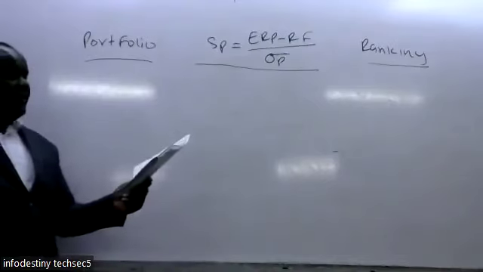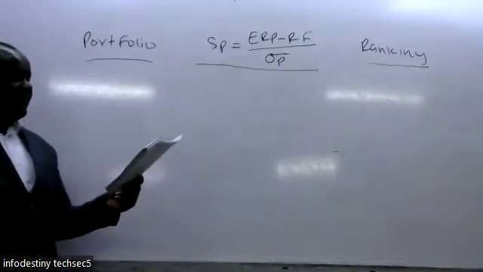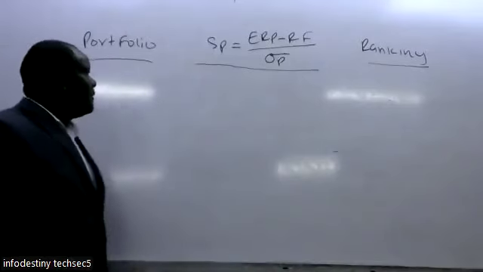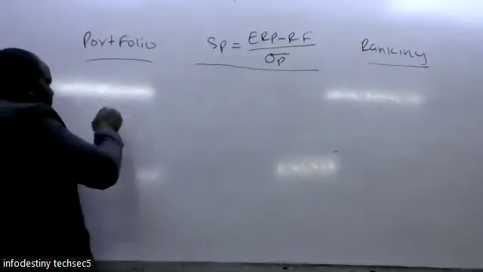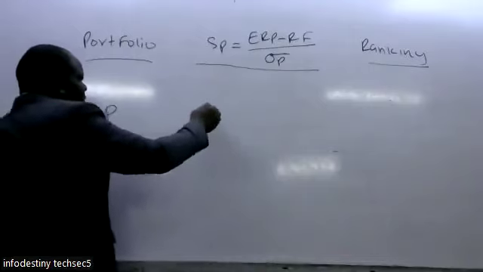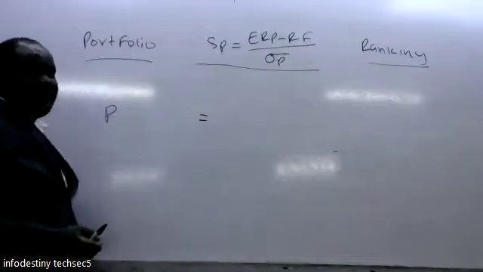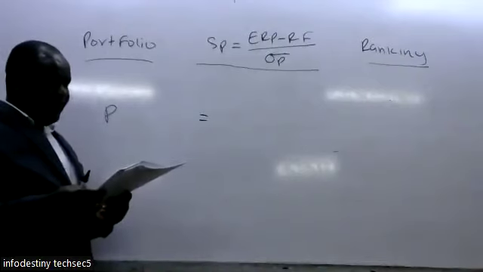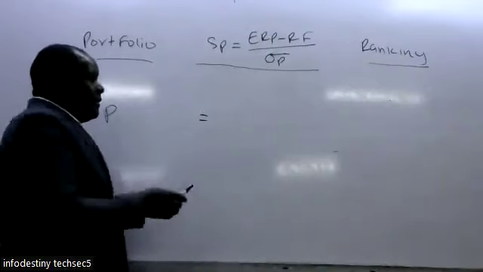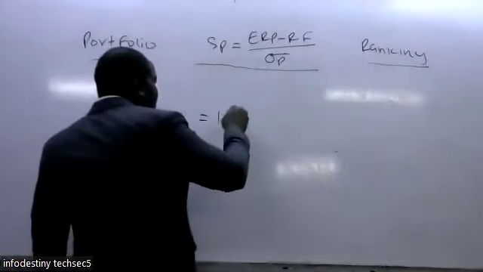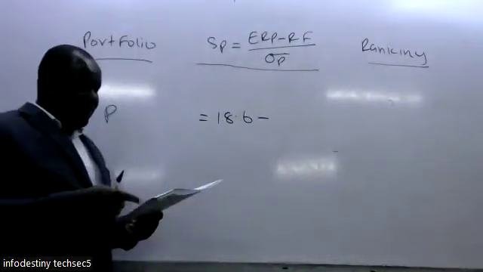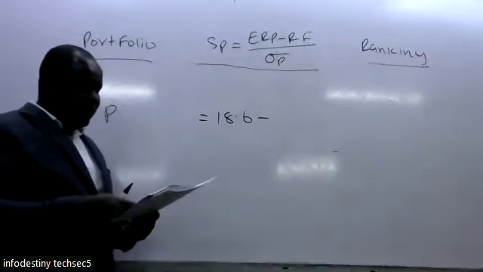So you can see the portfolios. The first one is P. What is the realized return or average return for P? 18.6. So you take 18.6 minus the risk-free rate. Are you able to see down the risk-free rate of return?